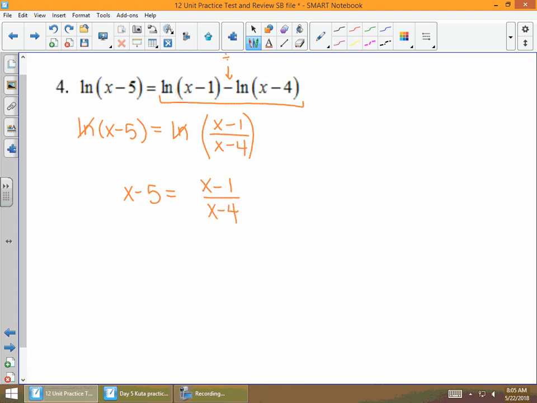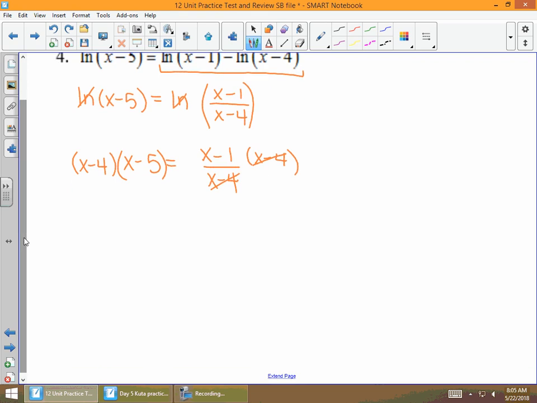I'm going to clear my fraction here by multiplying both sides by x minus 4. And pretty much you can't have too many parentheses. On the right side of your equation, the x minus 4's cancel. On the left side of your equation, you're going to double distribute. That's why those two sets of parentheses are really important.